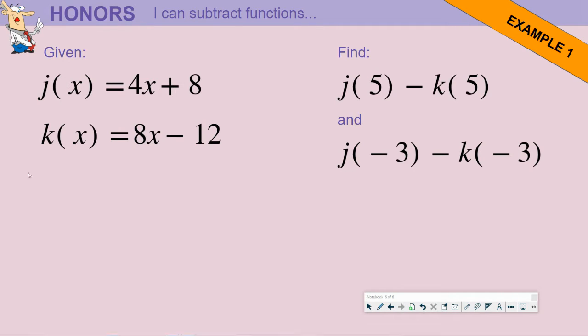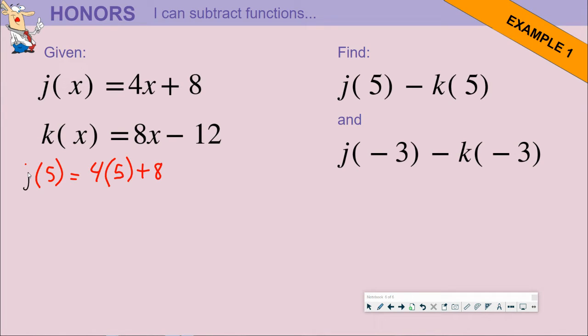So if I do j of 5, that's going to give me 4 times 5 plus 8. 4 times 5 is 20, plus 8 gives us the answer, 28. k of 5 gives us 8 times 5, which is 40, minus 12, also gives us 28.